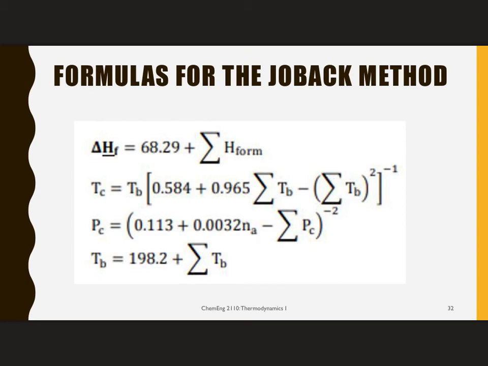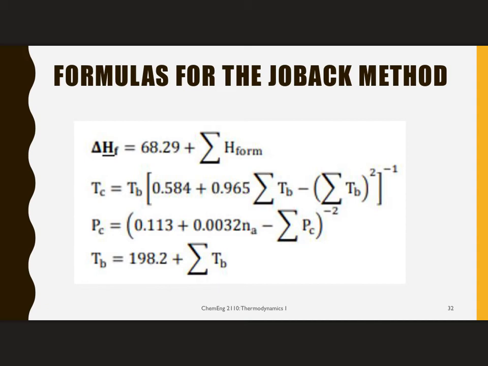I'll add those together, I'll square them, I'll add them together and multiply by 0.965, and I'll take the difference between those two answers and then add 0.584. The reciprocal of that answer multiplied by the boiling point will give me an estimate of the critical temperature.